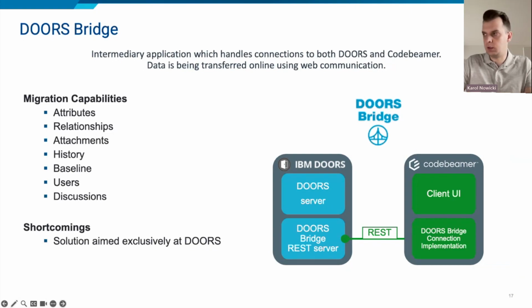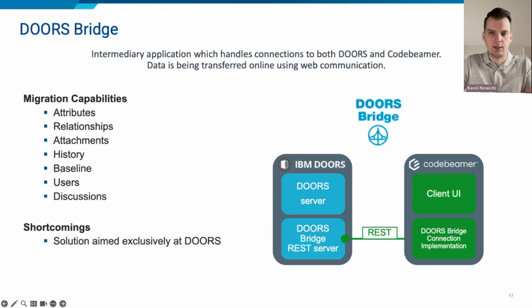The next method, which is limited only to migration from Doors, is an application called DoorsBridge. This is a supporting tool to import and synchronize data between the Doors system and Codebeamer.